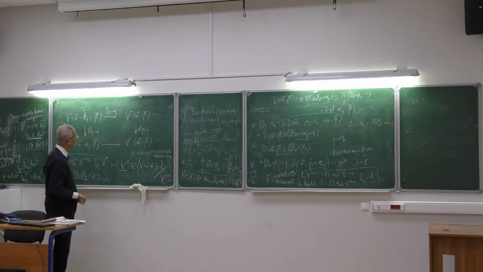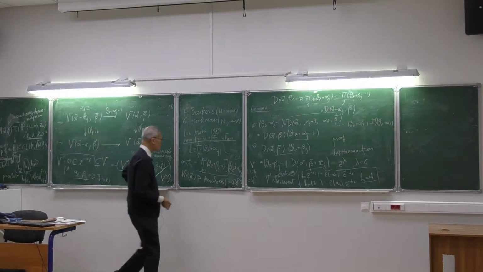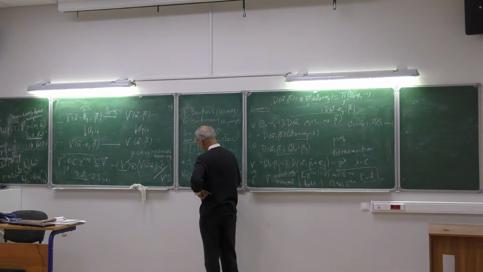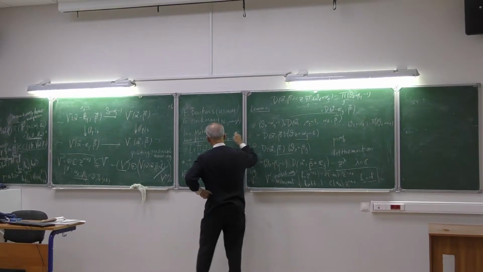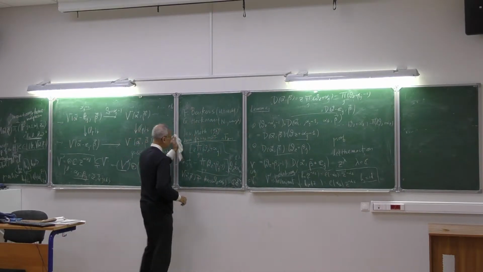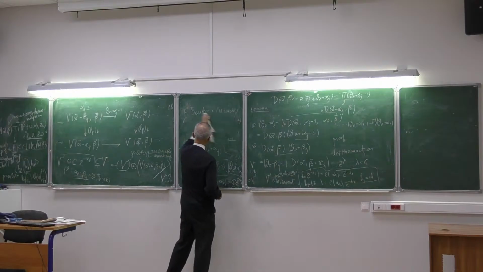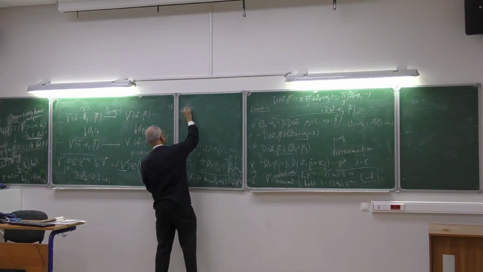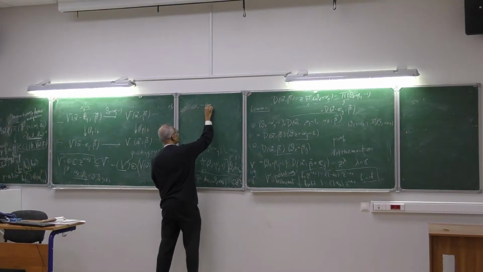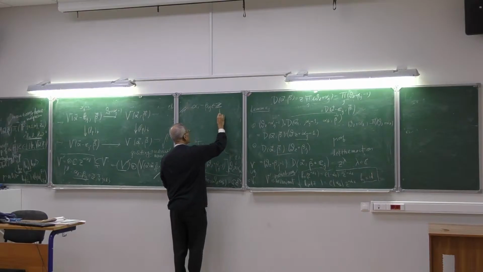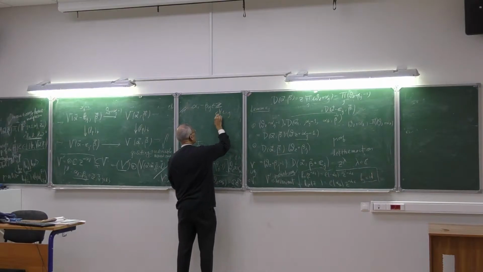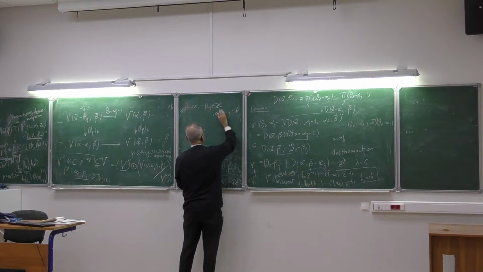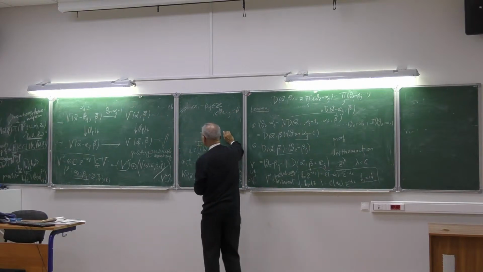So, in short, the splitting happens if and only if alpha_i minus beta_j is an integer for some pair, there exists some pair.